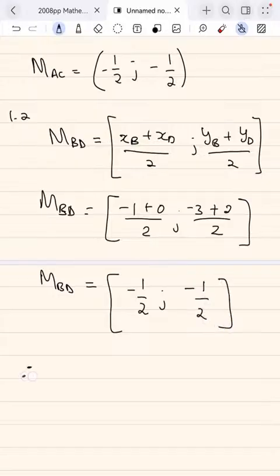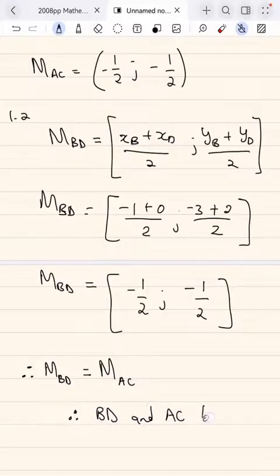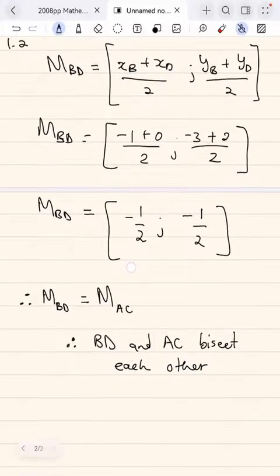So therefore, the midpoint of BD is the same as the midpoint of AC. Therefore, BD and AC bisect each other. That is the proof right there.